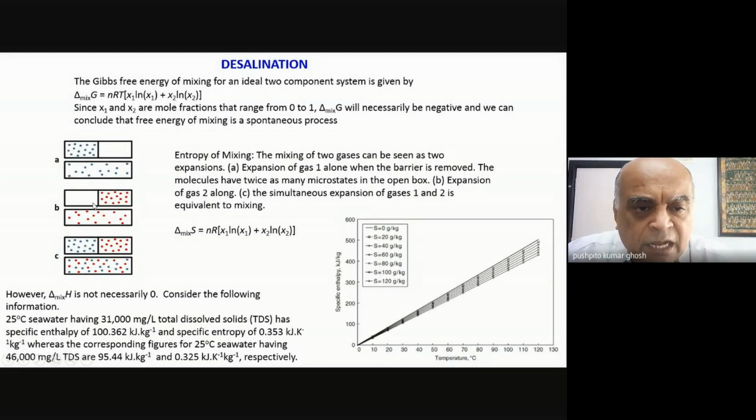If they're pure components, I've increased their volume by 2, but because I'm also taking blue and red together, the pressure will remain constant. I have not changed the pressure overall, but what did I do?